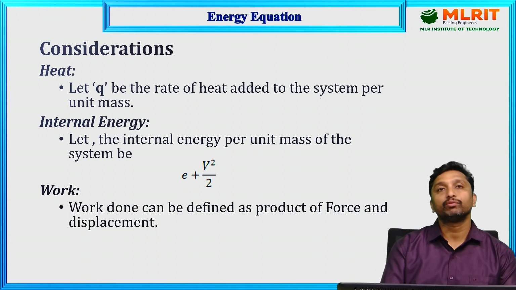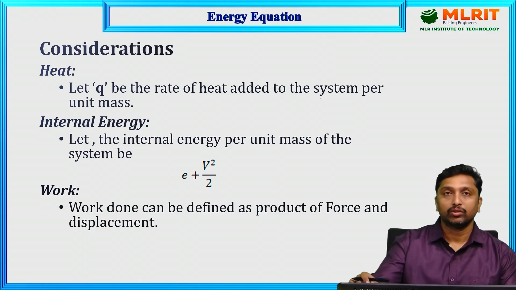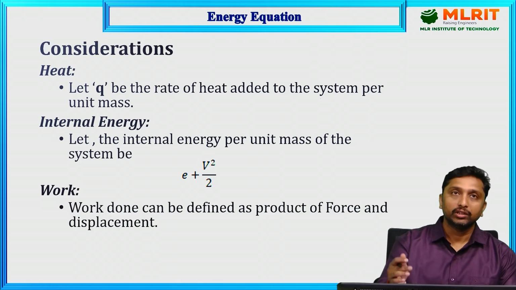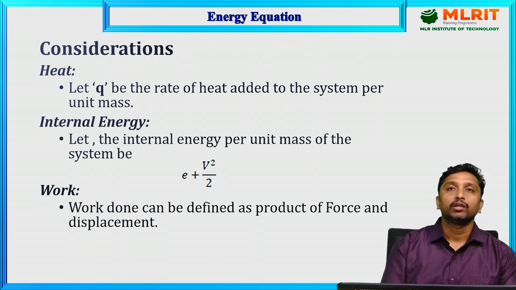These are the three forces we are going to consider throughout our derivation. We will discuss these further where we actually derive the equations. So before deriving, these are the considerations we are making.